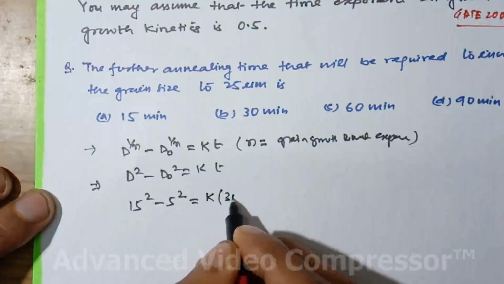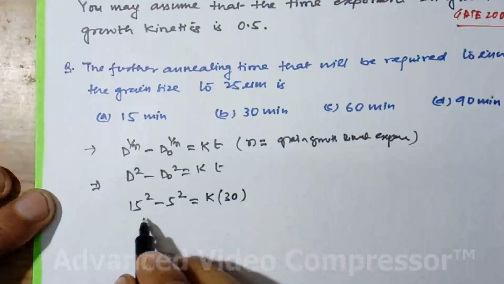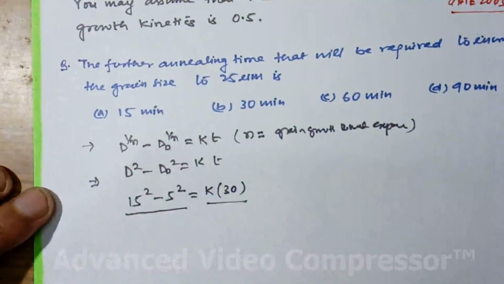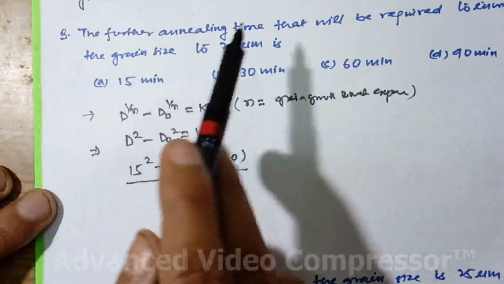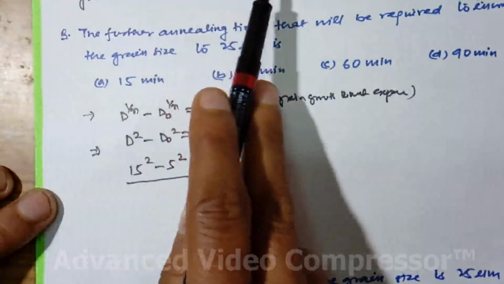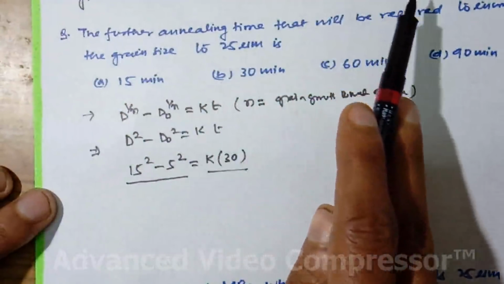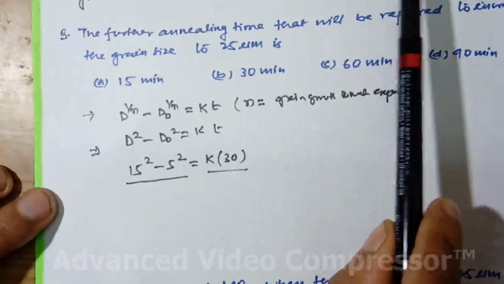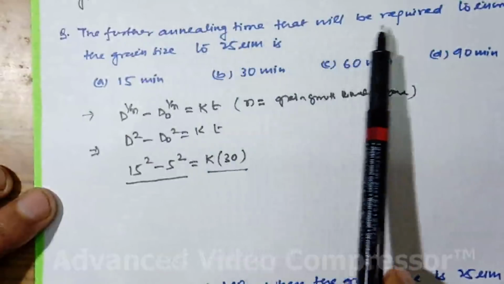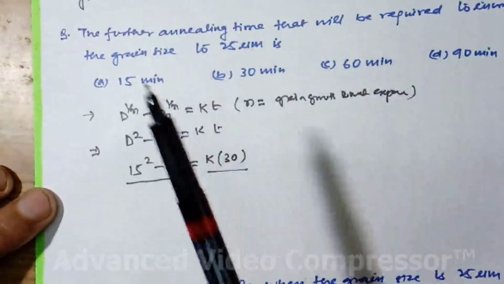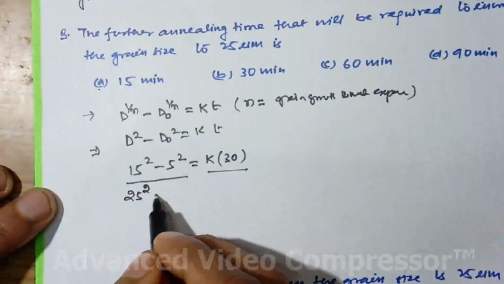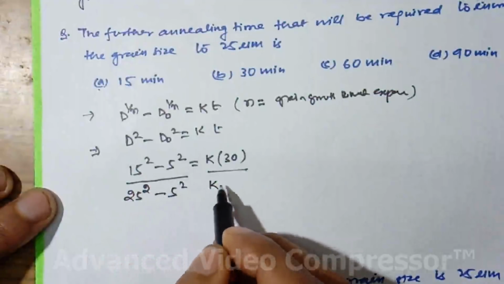The second equation will be for the annealing time that will be required to increase grain size up to 25. So 25 square minus 5 square equal to k into the time which we have to calculate.